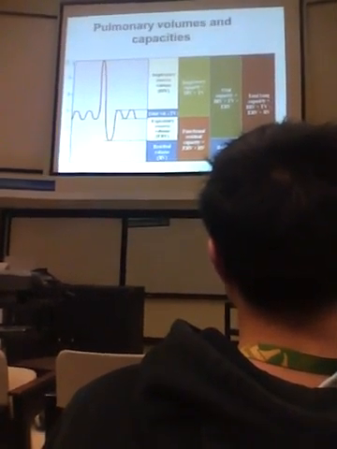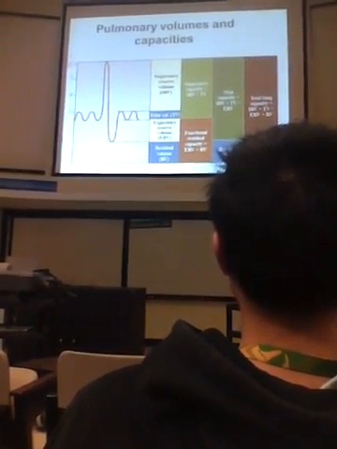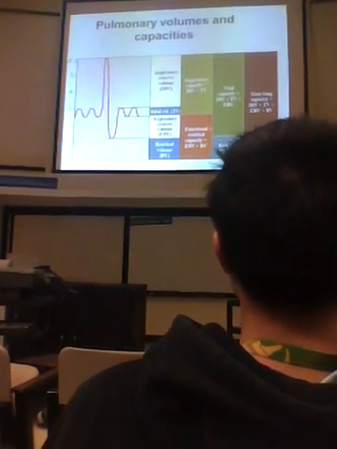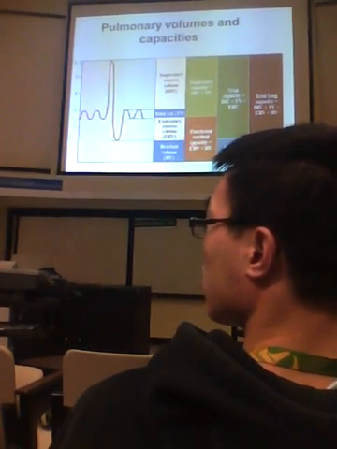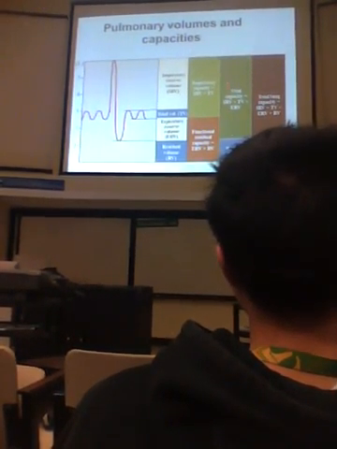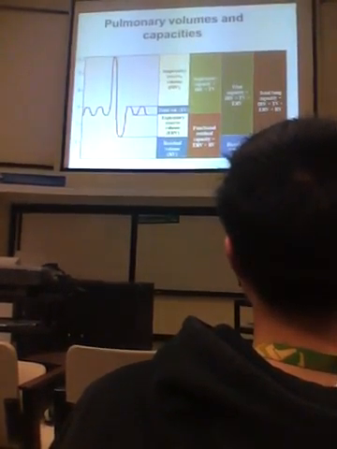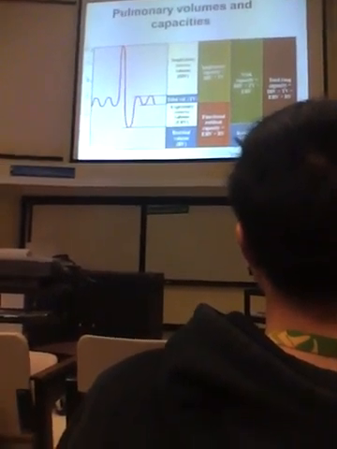And they can do the same thing here with the expiratory reserve volume and the residual volume, and they call it the functional residual capacity. So they have all these numbers here. And then they can do this one here, the vital capacity. That's a useful one to know. That is from here to here, the maximal expiration to the maximal inspiration.